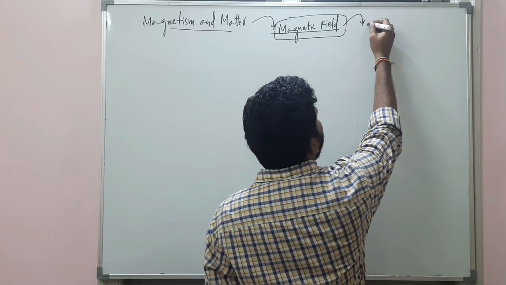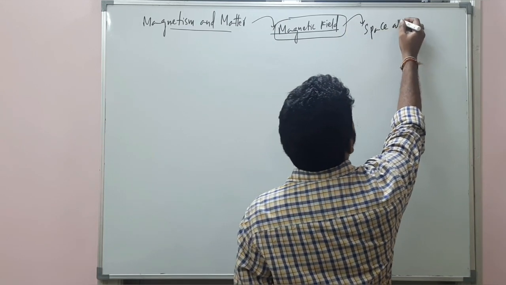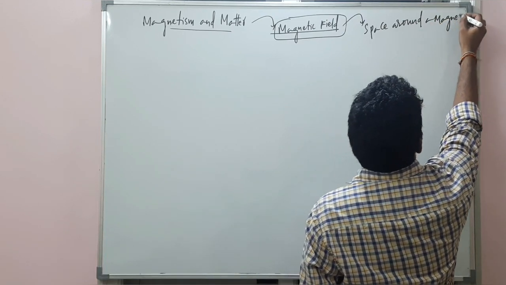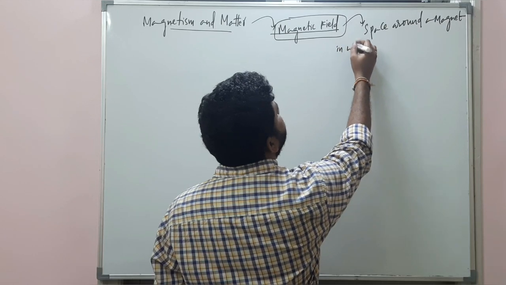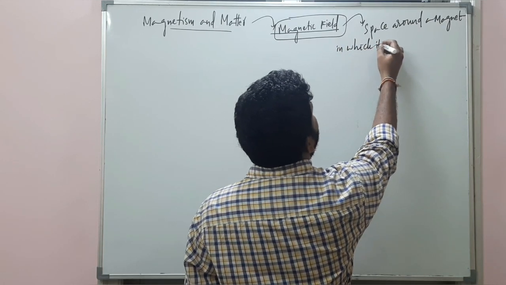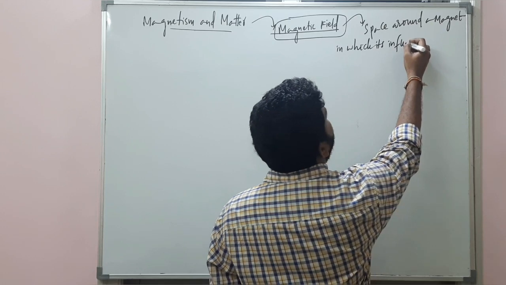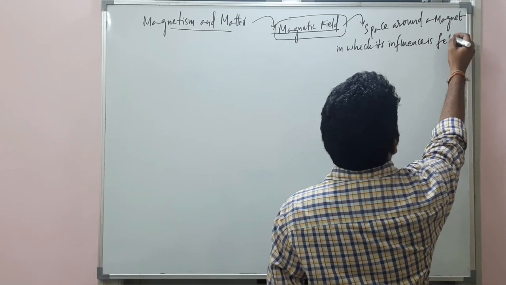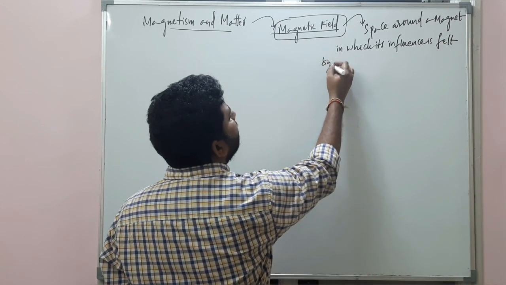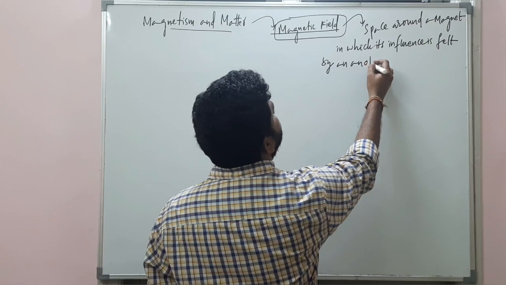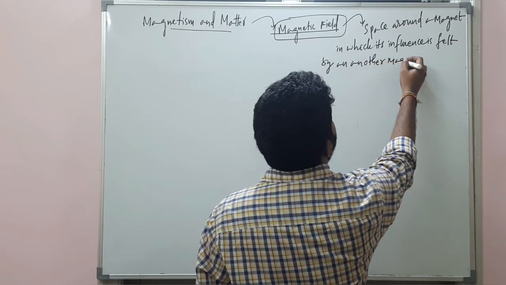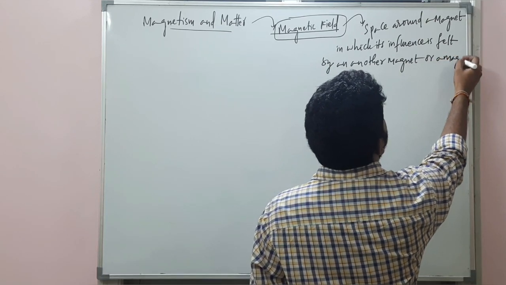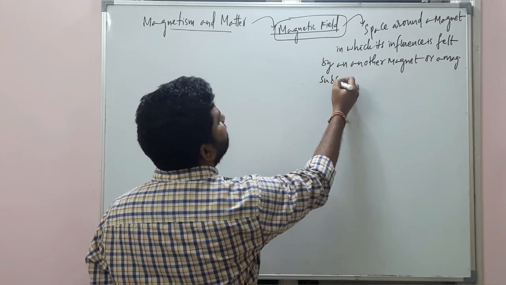And this magnetic field is the space around a magnet in which its influence is felt by another magnet or a magnetic substance.